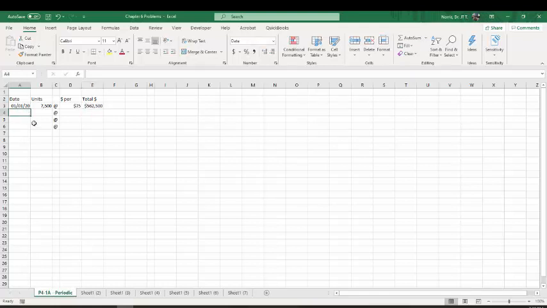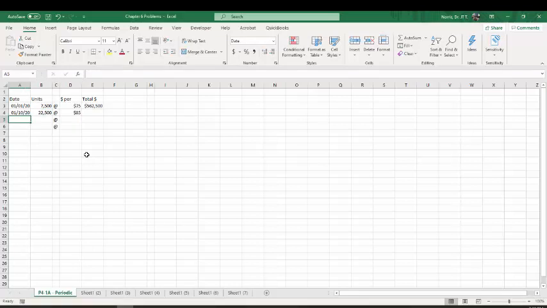All right, so under that periodic, we just record the purchases. So we have a January 10th purchase of 22,500 that cost 85 per, and I'll do the totals here in a second once I get all the data in here.